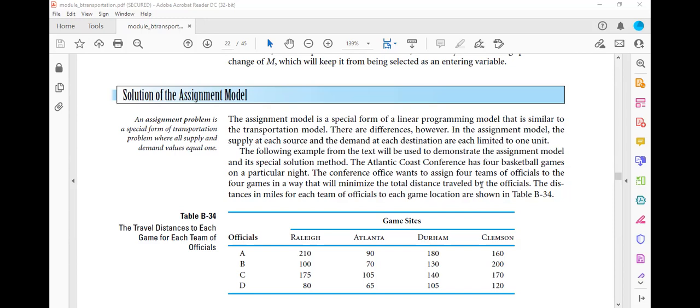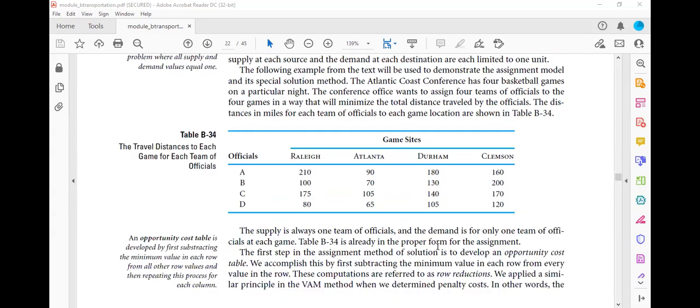It's basically a problem where your intention is to assign officials to game sites, to assign personnel to projects, to assign persons to machines. So assignment talaga siya. Now, how do you solve transportation problem? You solve a transportation problem by first coming up with an opportunity cost table.